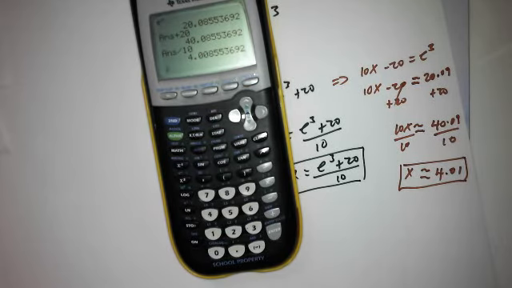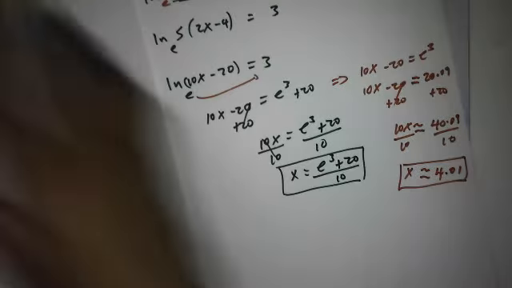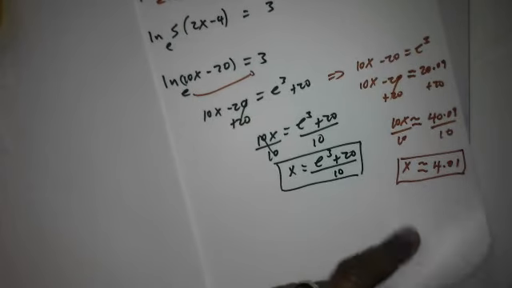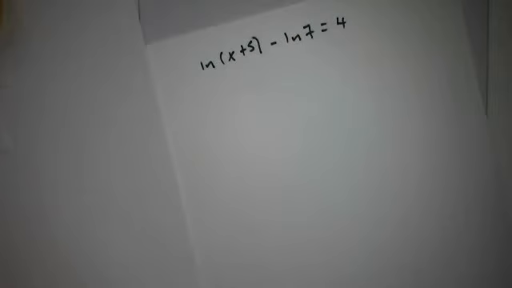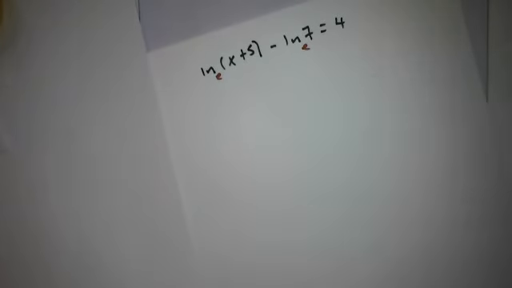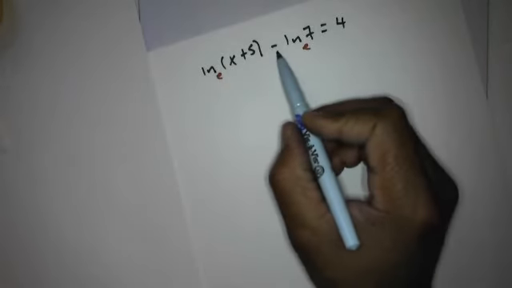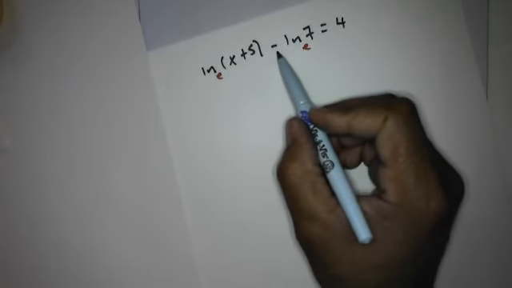Okay. All right. So let's move into our final example for this video, and it is ln of x plus 5 minus ln 7 equals 4. Again, remember that the base for ln is e. Okay. Now remember that once the bases are the same and you're subtracting, then that's a quotient law.